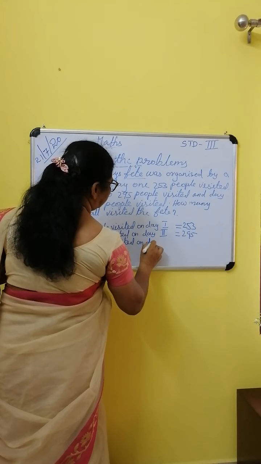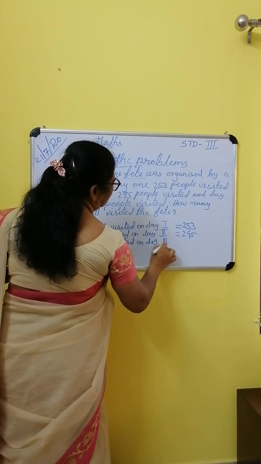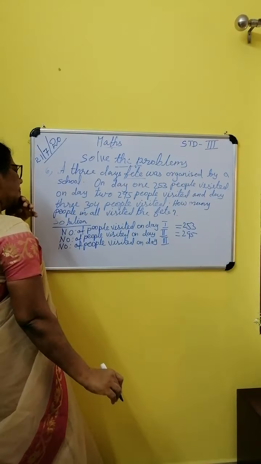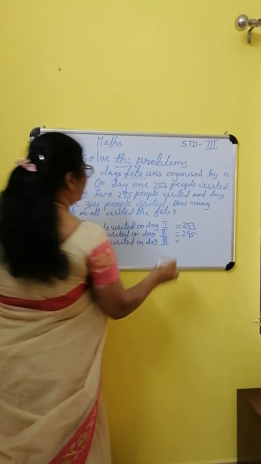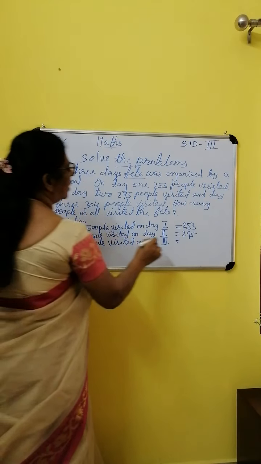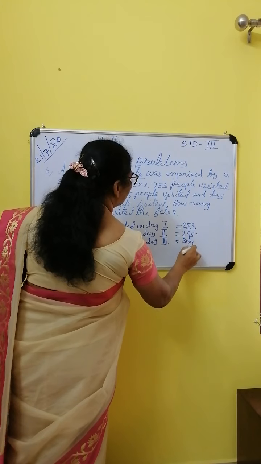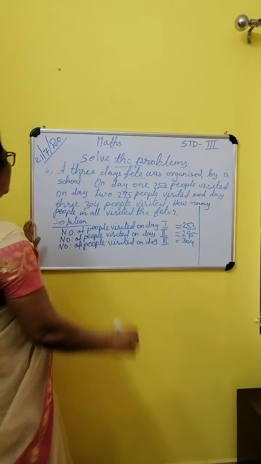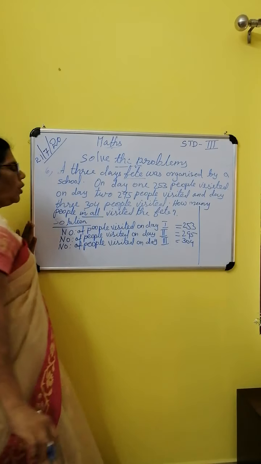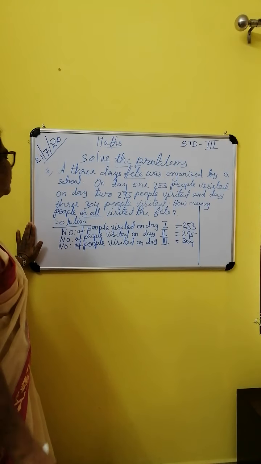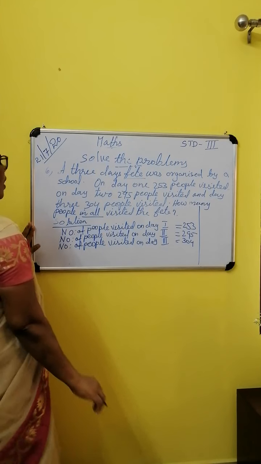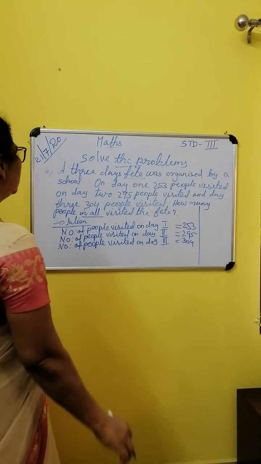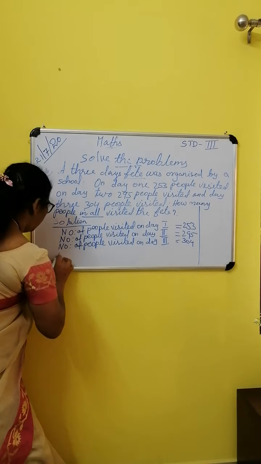On day 3. How many? 304. Add together. Here also the question is in all. In all means total. So total number of how many people in all visited the fete. Total number of people visited.